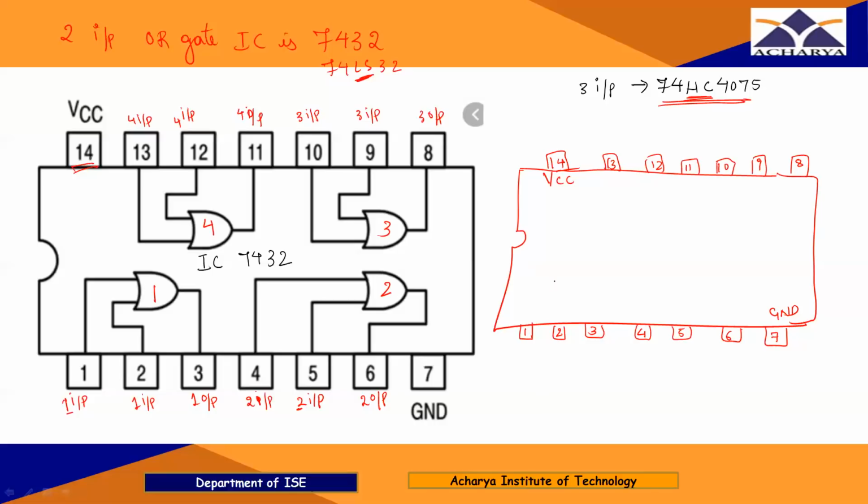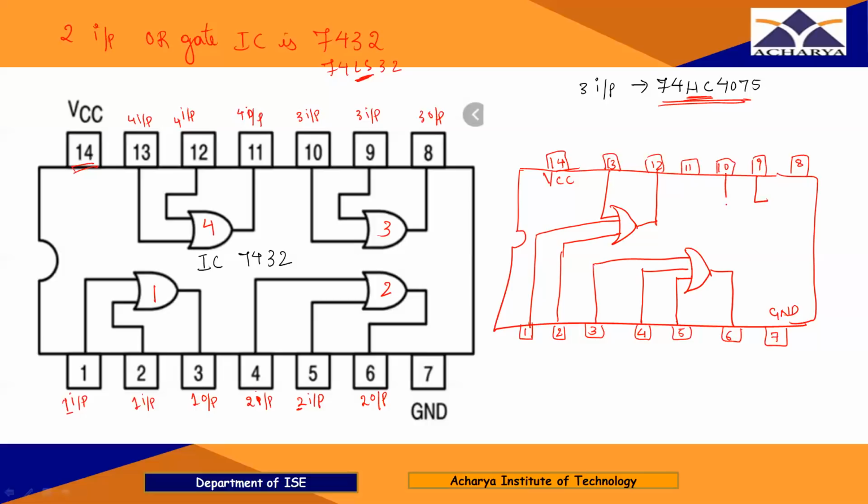Right? So here pin numbers 2, 1 and 13 are the inputs for the first OR gate and 12 is the output. Likewise, for the second OR gate, 3, 4 and 5 are the inputs and 6 is the output.